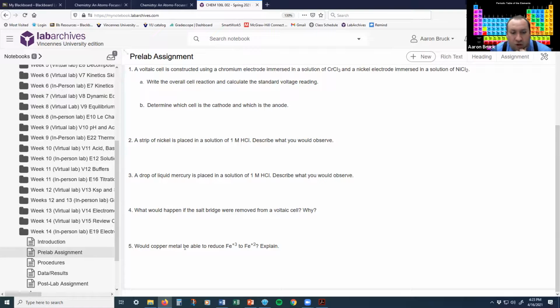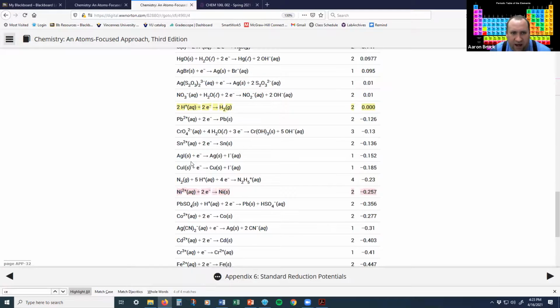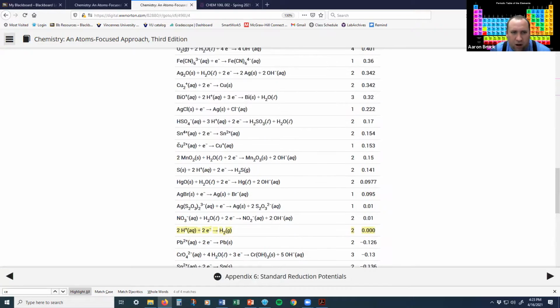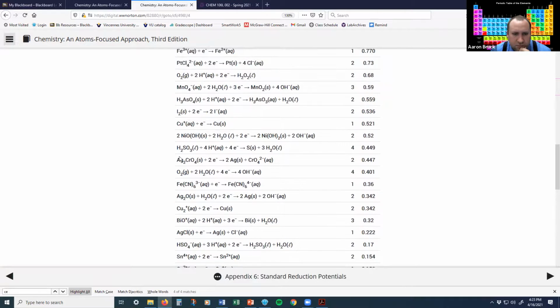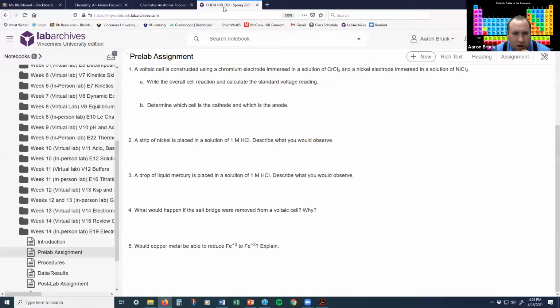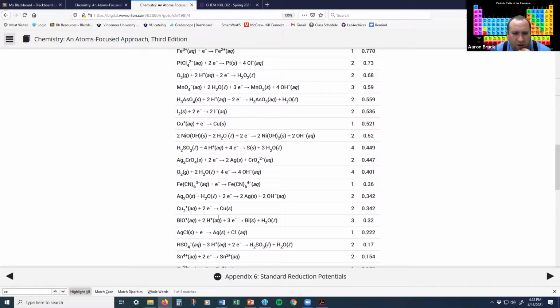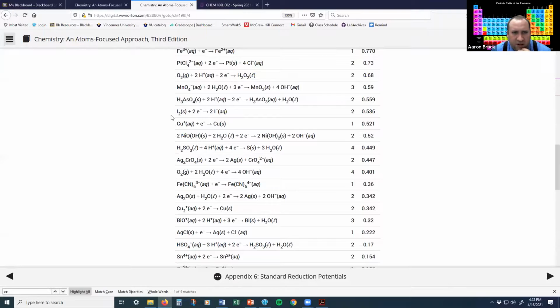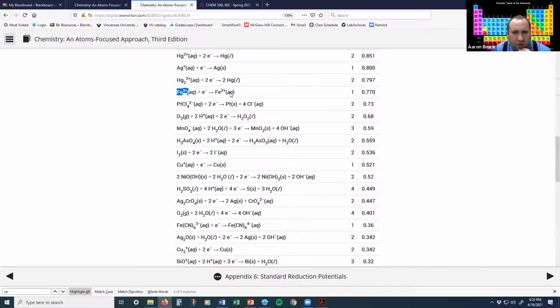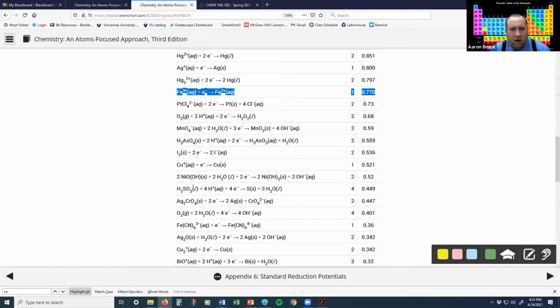Would copper metal be able to reduce iron 3 to iron 2? Same kind of question as 2 and 3. You're looking at the reaction between copper metal versus iron 3 to iron 2. So iron 3 to iron 2 is up here.